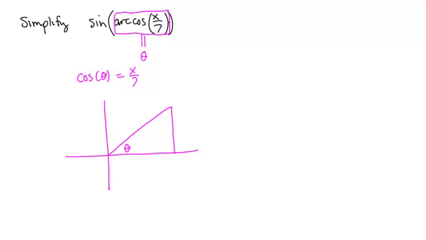So, here's my reference angle. Cosine is the ratio of the adjacent side to the hypotenuse. So the adjacent side is an x, the hypotenuse is a 7. So that means I'm missing the opposite side. To work out this opposite side right here, well, we use the Pythagorean theorem. The opposite side squared plus the adjacent side squared is equal to 7 squared. That means that the opposite side squared is equal to 49 minus x squared.